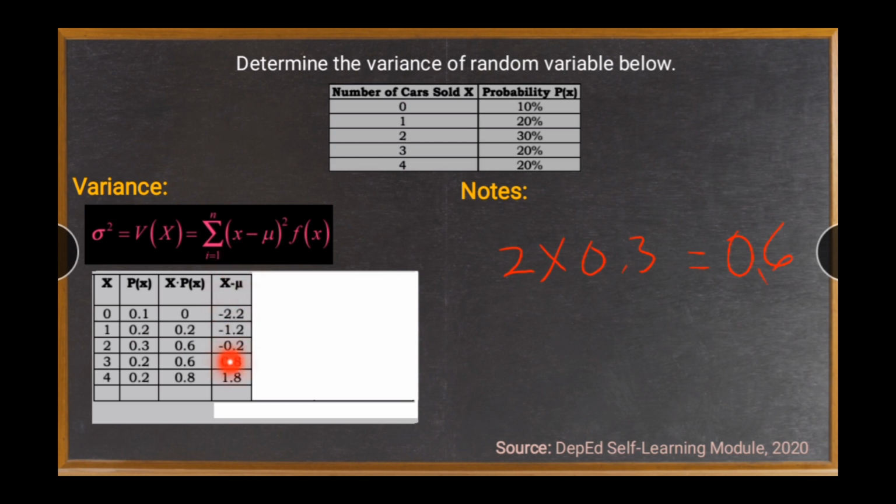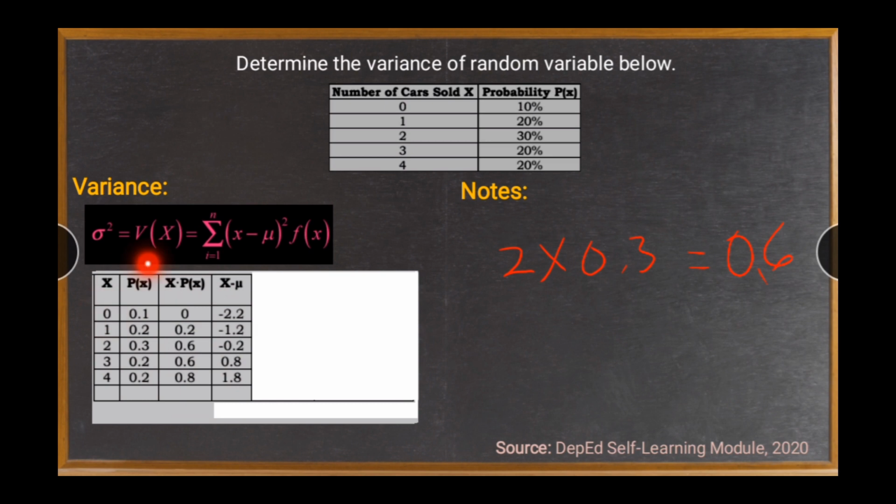So, what is our mean here? When you perform the same process, you will have a mean of 2.2.